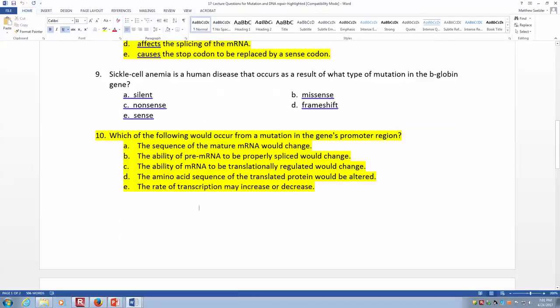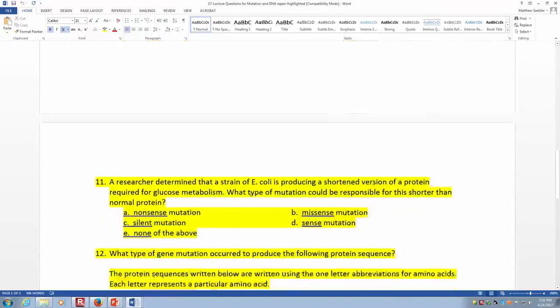Number 10, which of the following would occur from a mutation in the gene's promoter region? Right, E. So the rate of transcription may be increased or decreased because of that.